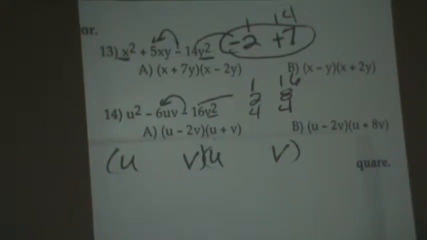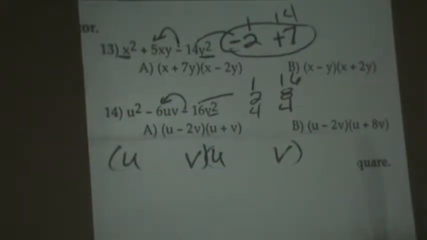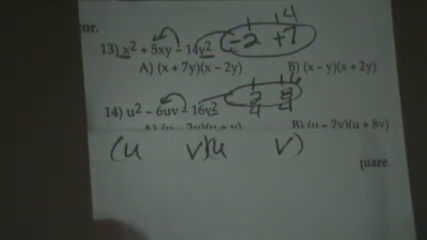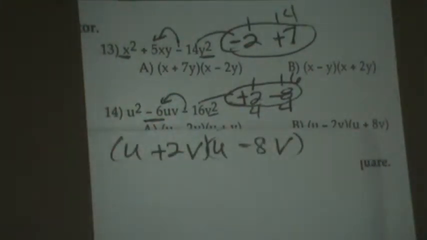Which would subtract to give you 6? 2 and 8. Right. And you need a positive or negative? Need a negative 6. Negative 8, positive 2. Okay? Everybody seeing that?